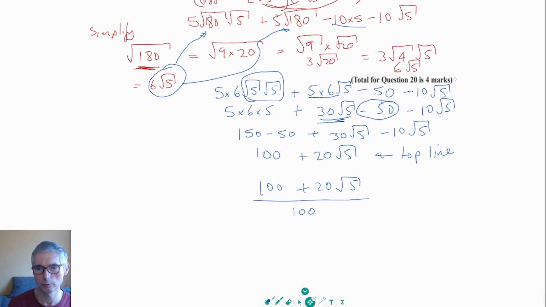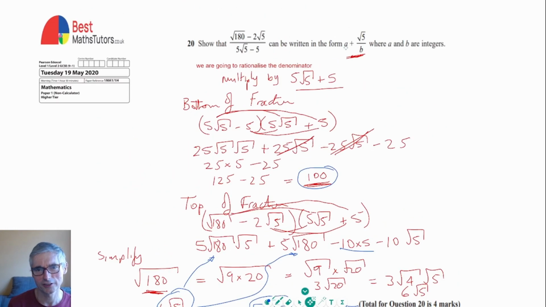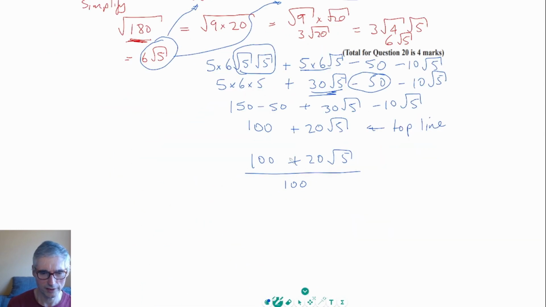Now, if we look at the format in which we're supposed to give the answer, it's an integer, then separate to that a fraction, which is root 5 divided by another whole number. So we can separate this fraction out at the center where it's added. That can become 100 over 100 plus 20 root 5 over 100.